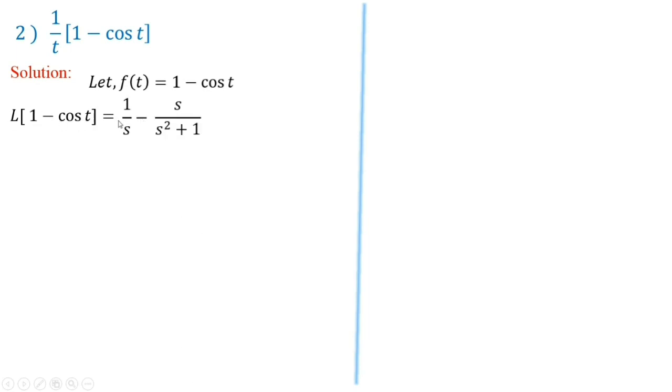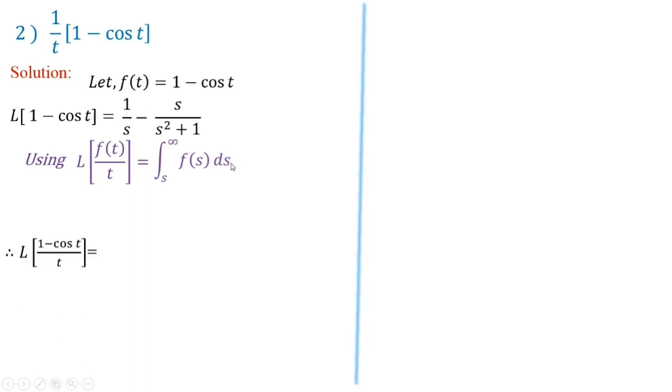Here Laplace of 1 is 1 upon s minus Laplace of cos t is s upon s square plus 1. By using the division by t property, Laplace of f(t) upon t is equal to integration from s to infinity F(s) ds.